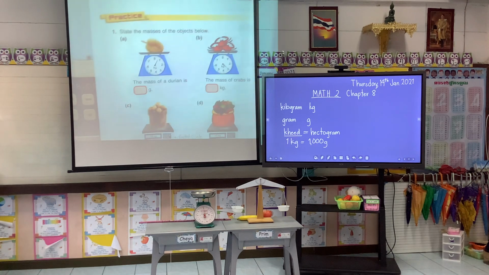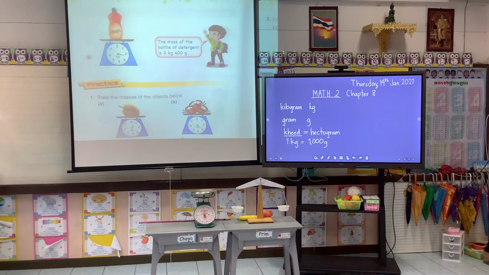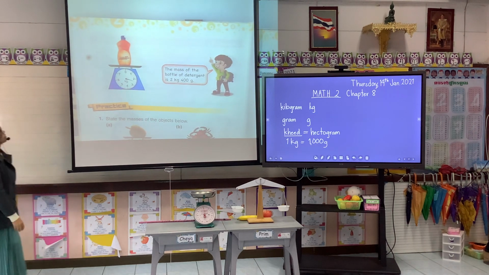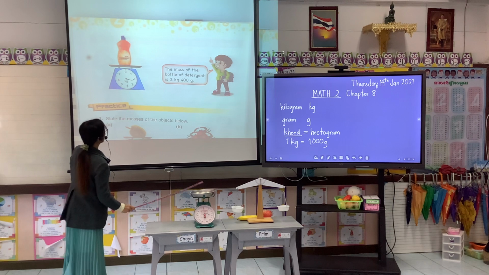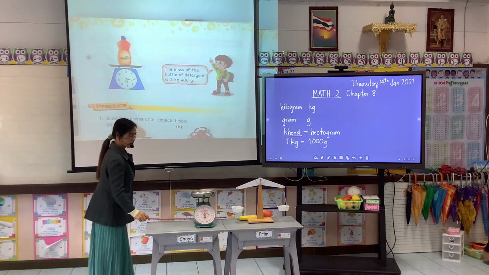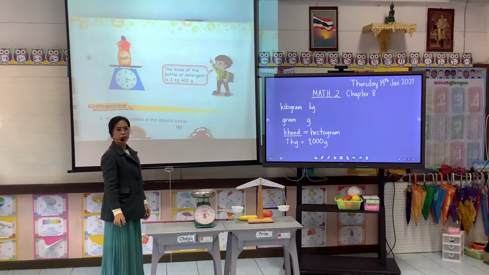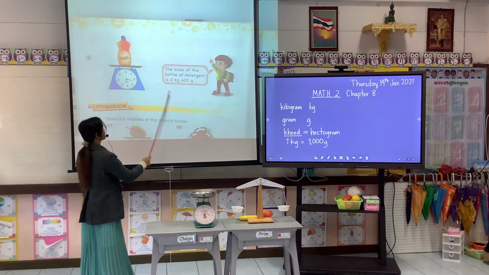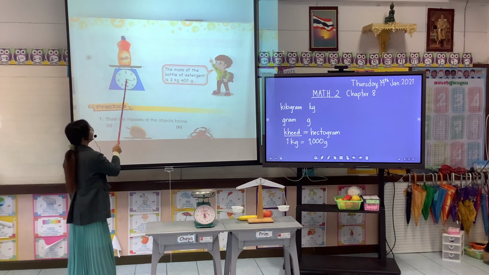What about this object? What is the mass of the detergent? Detergent is used for washing our clothes. Look at the pointer of the spring scale.